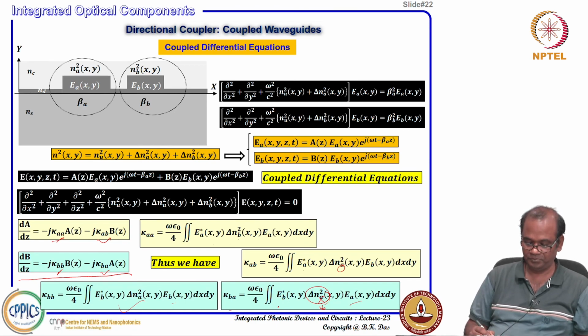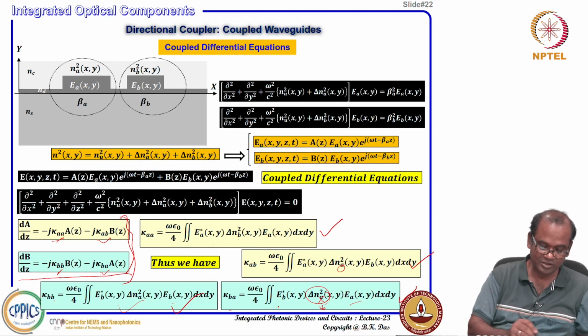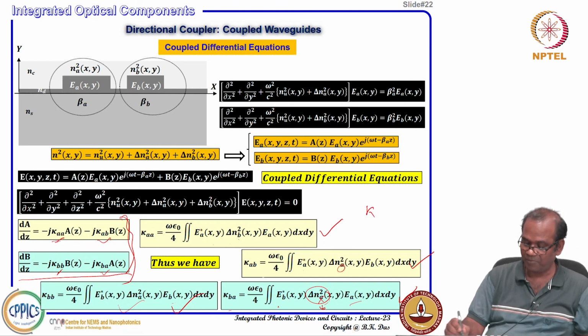Good. Thus, we have two coupled equations. This can be computed. Now, the only thing is that in these equations kappa AA is known, kappa AB known, kappa BB known, kappa BA known. Normally, we can show that kappa AB equals kappa BA star.